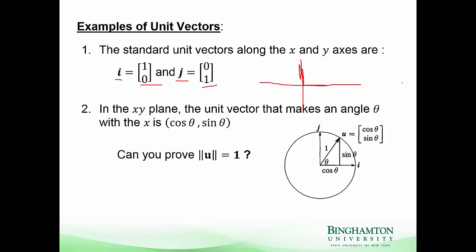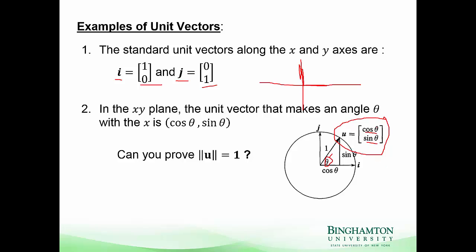In the same two-dimensional xy plane, if we create a vector, call it u, whose first element is just cosine of theta and second element is sine of theta, and we think about rotating this vector around to any angle theta, the tip of this will, I claim, go around a circle of unit radius.